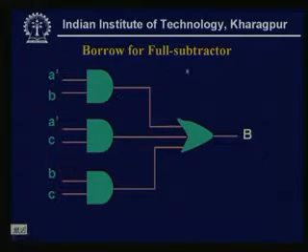Now, if it is a borrow for the full subtractor, then only the inputs are different, otherwise the structure is totally same. For the first AND gate, the inputs are A dash and B, one complemented variable is there. For the second AND gate also one complemented variable A dash is there. For the third one it is only BC and one 3 input OR gate is needed. So, structure is totally same, only one complemented input is added.